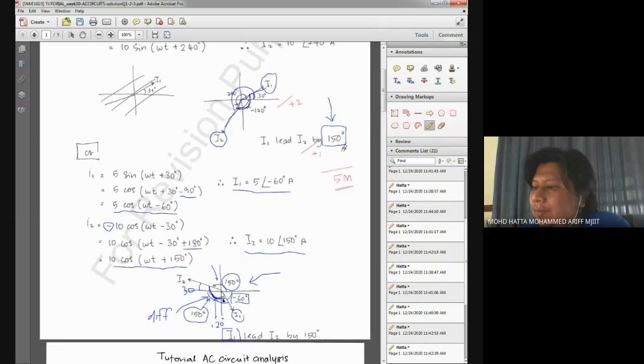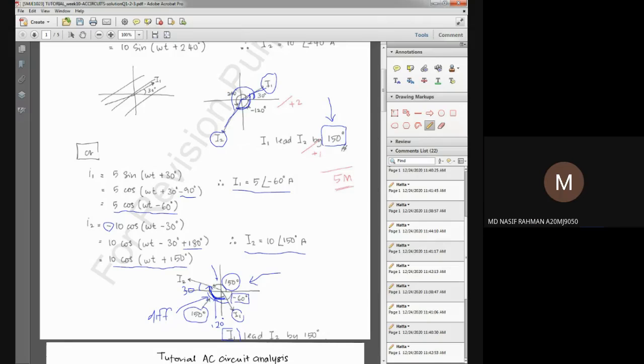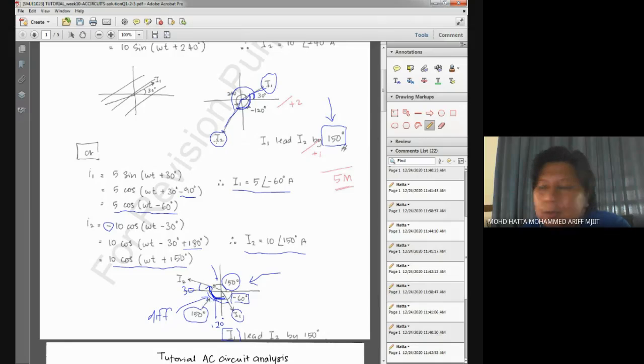If you look here, from the counterclockwise direction, here is also 150, and here is also 150 degrees. Clockwise direction, I'm sorry for that, not counterclockwise. Okay, sir, understood. Sorry for that. It's clockwise direction, not counterclockwise. All right. Any question?